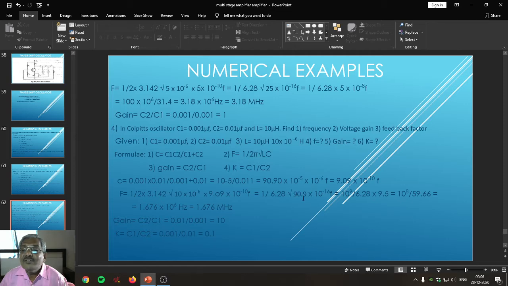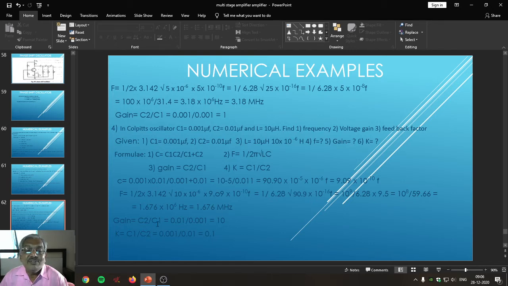Its square root is 9.5. So 10 raised to 9 upon 6.28 into 9.5. That comes to be 10 raised to 8 upon 59.6. So that is 1.66 into 10 raised to 6, so that is 1.67 megahertz.